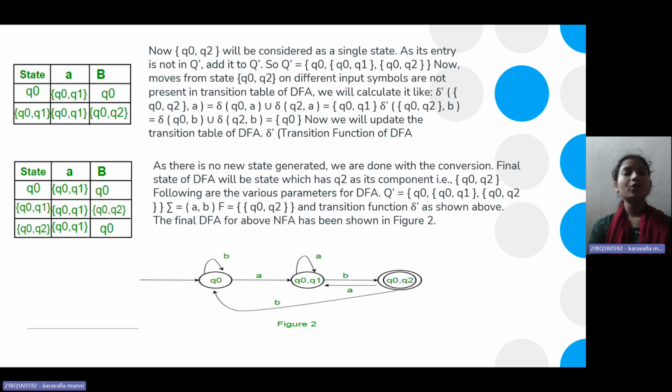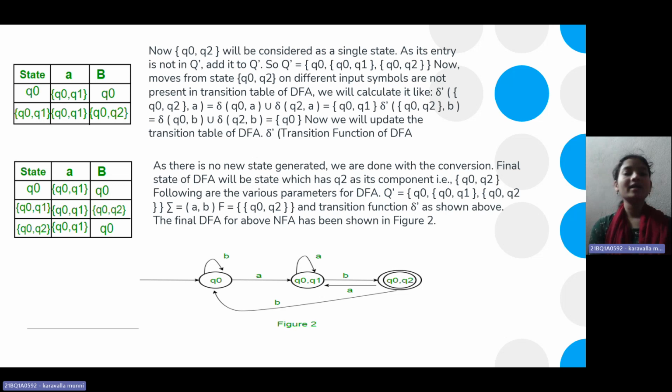Now Q0Q2 will be considered as a single state as its entry is not in Q. Add it to Q. So Q equals Q0, Q0Q1 and Q0Q2. Now moves from state Q0Q2 on different input symbols are not present in the transition table of the DFA.